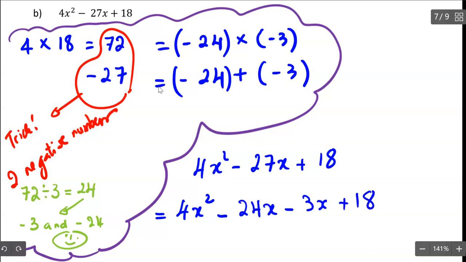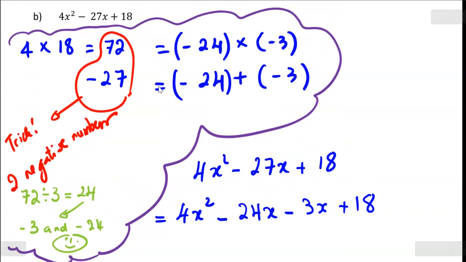You probably ask me, is there a problem if I write negative 3x then negative 24x plus 18? It doesn't matter. The beauty of this method is it doesn't matter whether you write negative 3x first or negative 24x first.